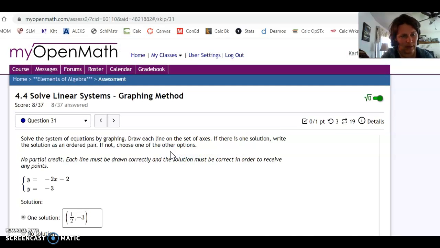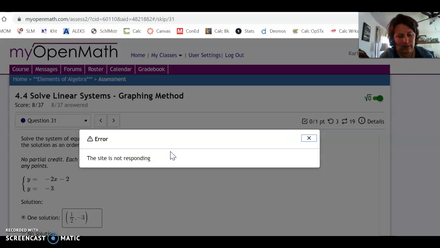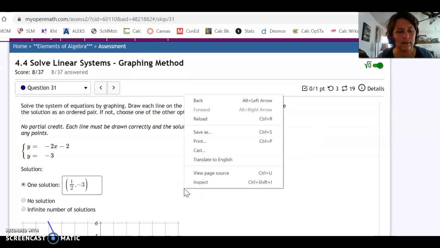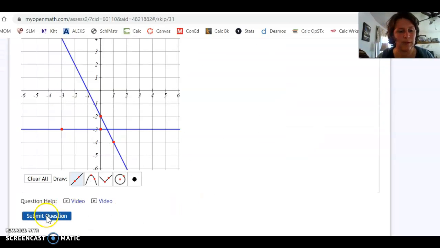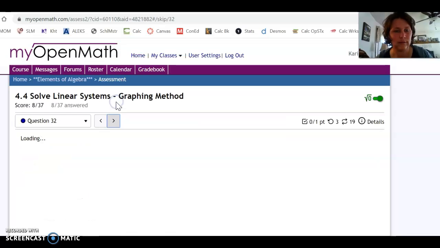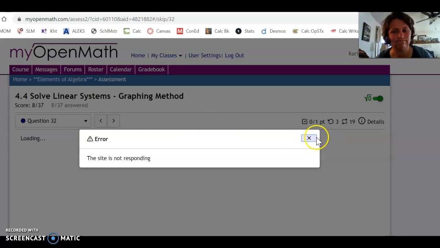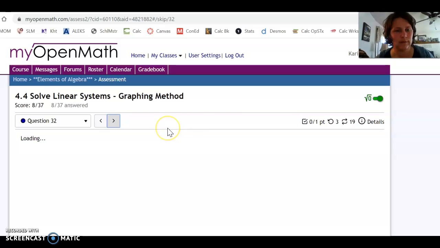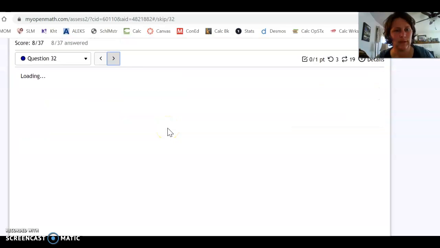If not, let me know. The site is not responding. Yes, that's obvious, I realized that. Oh, there we go. Now it's letting me. No? It's not. Okay. I guess we're overloading the system. All right, I'm going to pause for a minute and let this load.